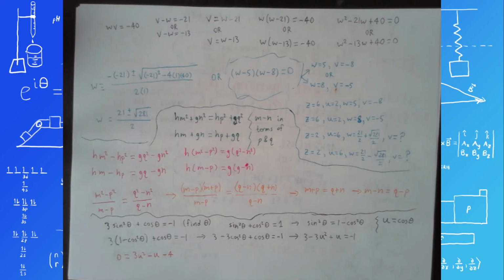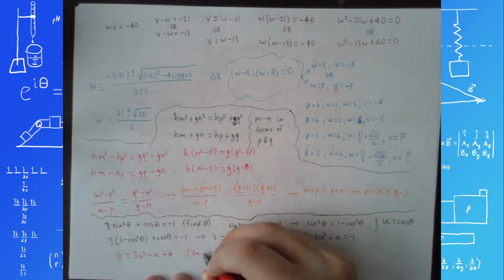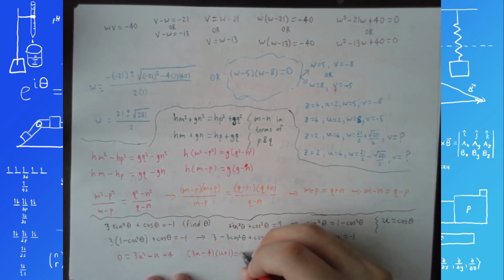Okay, and is this factorable? Let's see, 3 times -4 is -12, and the factors of -12 that add up to -1 would be -4 and 3. So -4 and +1, because (3u minus 4) times (u plus 1), like that, would equal 0.